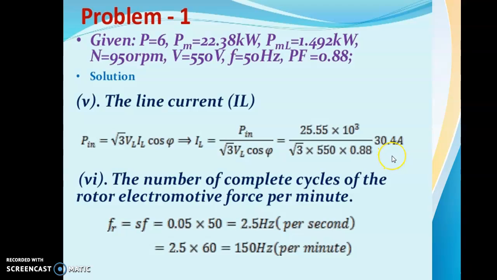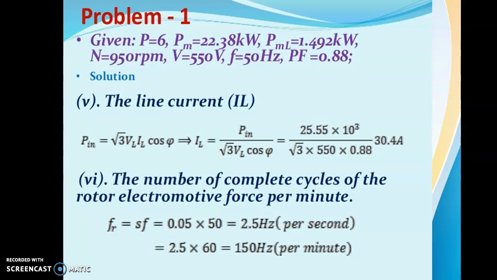So P input will come like 25.55 into 10 to the power 3, and by putting the values of voltage and power factor, we will get IL as 30.4 ampere.